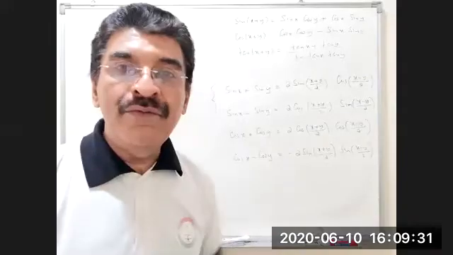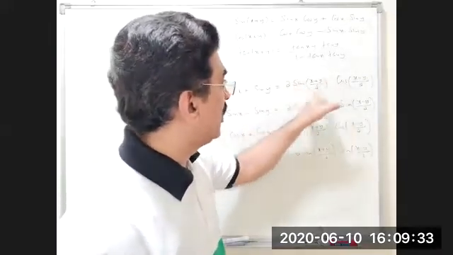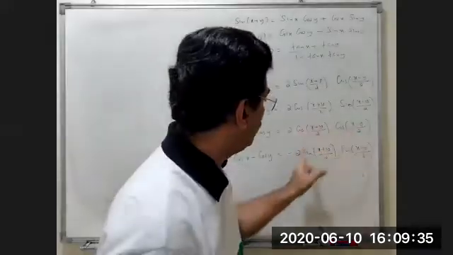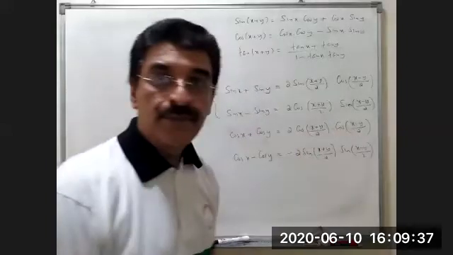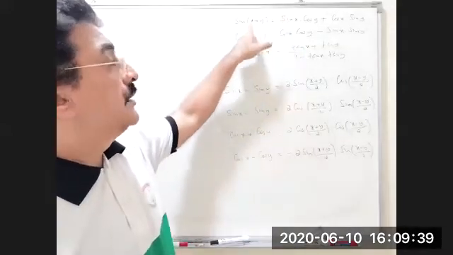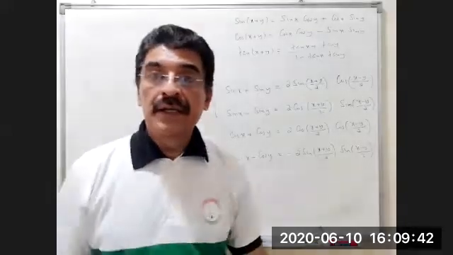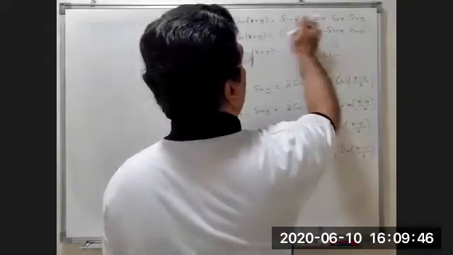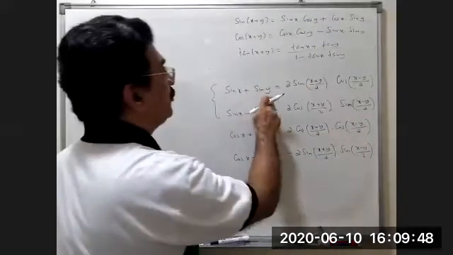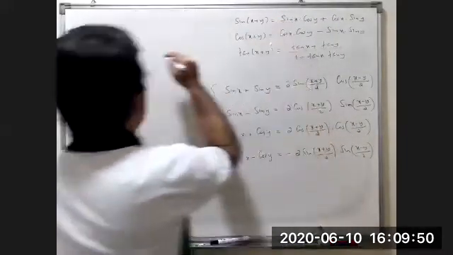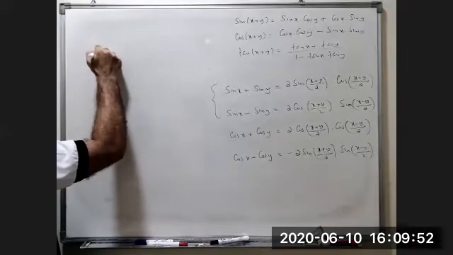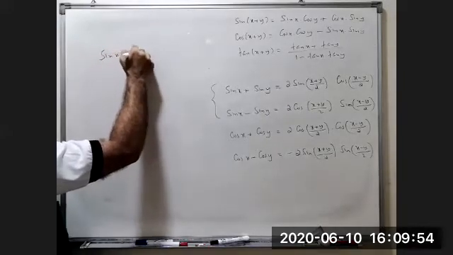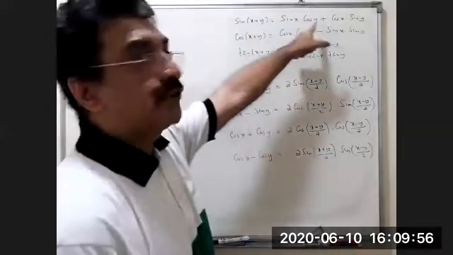Then our problem will be whether it is sine or cos. Here sine cos, here cos sine, here cos cos, sine sine. That can be obtained from these formulas, the sine x plus y formulas. For the sine x plus y formula, the first term is for sum of sines. The first term is sin x cos y.